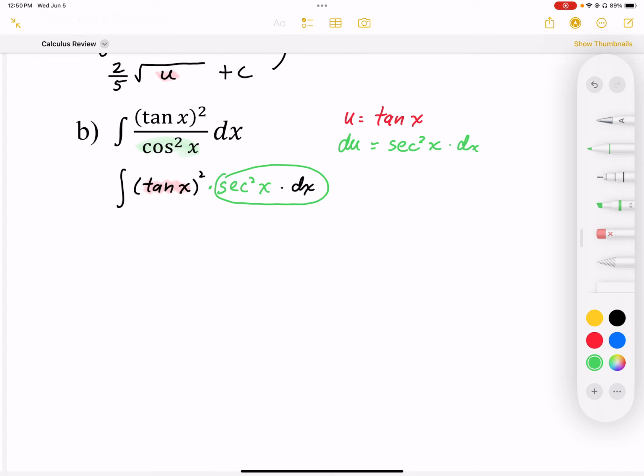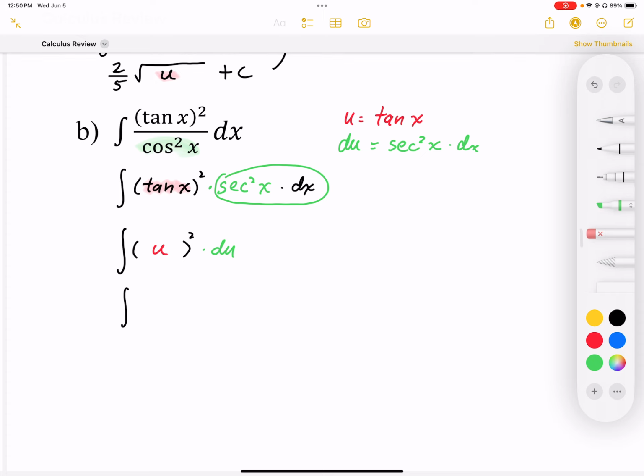So the derivative of the inside accounts for the outside, so I can write it like this. u squared, and I'm going to replace that secant squared dx with a du. Well, this just becomes an integral in terms of u. I can use power rule.